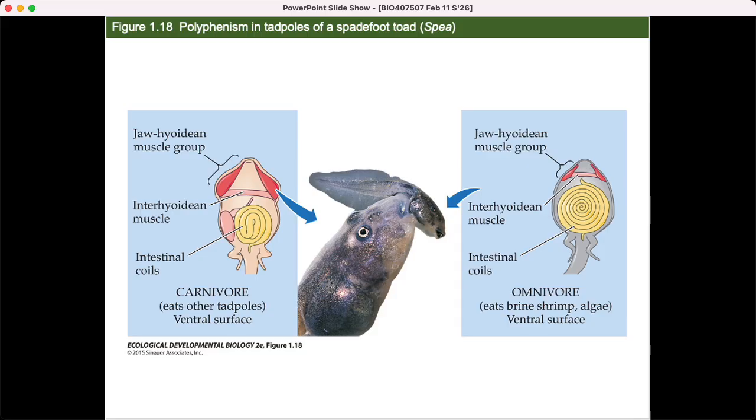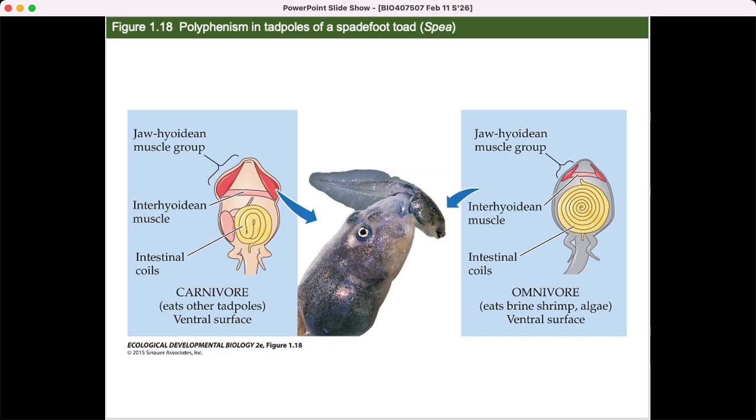The most common thing is the tadpole can go through metamorphosis quickly and early. Here's an example where if the little tadpole environment is really crowded, the tadpole can grow up with a different shape, and it has a different shape of mouth, a different digestive system.